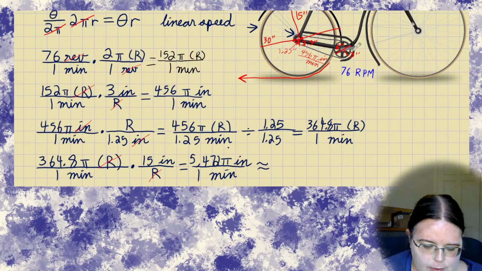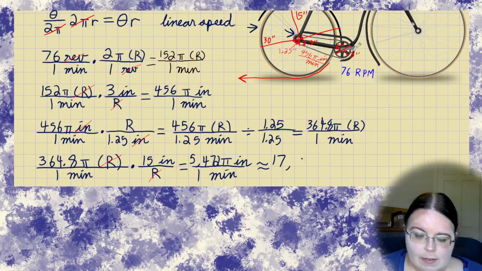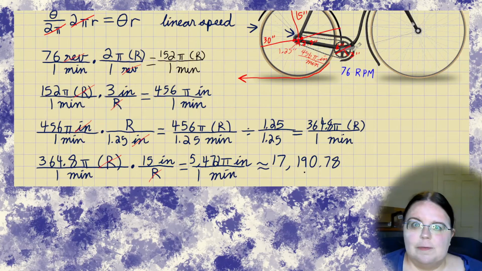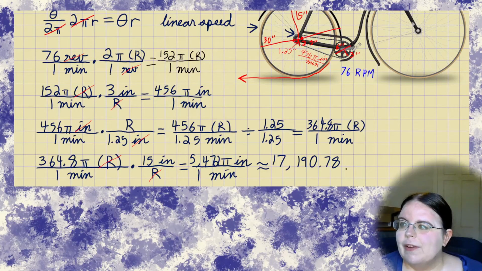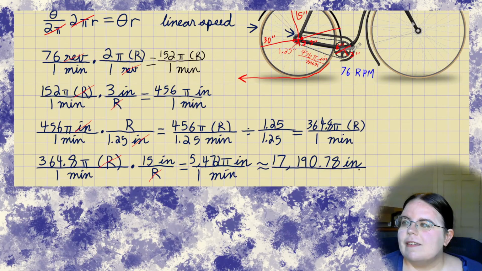Times 3.14159, and again, it's an excellent calculator problem. That is 17,190.78, and of course it continues because pi, but I'm just going to cut it off there, inches, because I really believe that anything less than 1/100th of an inch is trivial in this context, per 1 minute.